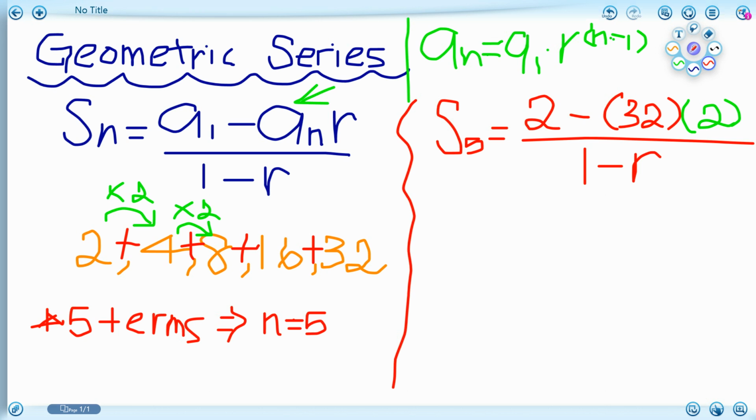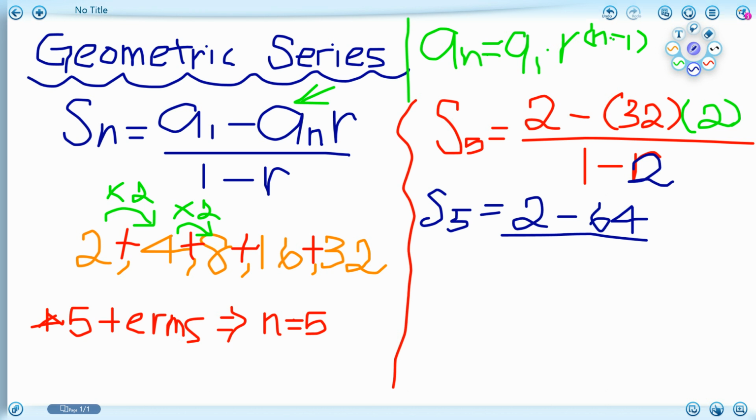So all I'm going to do is solve this thing out. So we now have S of 5 is equal to 2 minus 64, right? All I did is I just multiplied those two, 32 times 2. Oh, I forgot to put r in. r was 2. I apologize. So 1 minus 2, so you get negative 1. Now put it in your calculator, do it in your head, whatever you want to do.